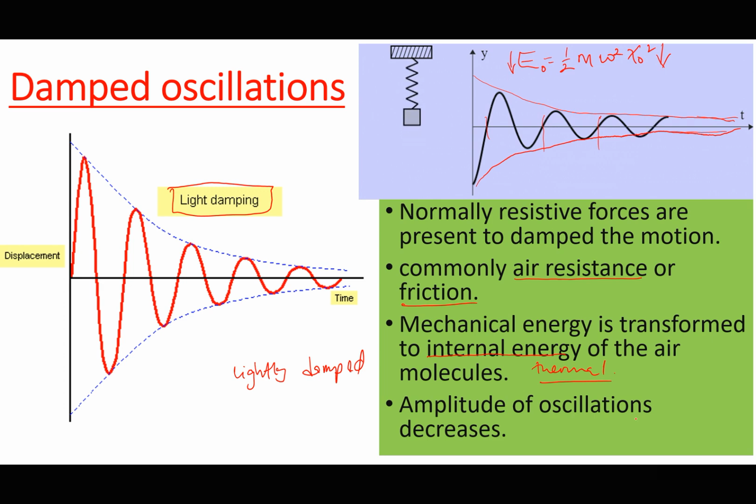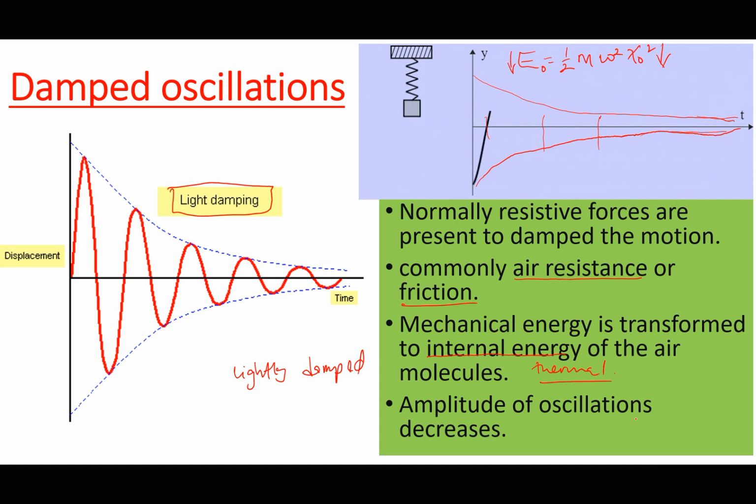That is exactly what happens if you displace a pendulum bob in air in the laboratory, if you are dealing with a simple pendulum. This is the same situation if you displace a mass attached to a spring, as demonstrated by this animation here. The amplitude gradually decreases due to dissipative forces, which use up the energy of the oscillating system, and that's what we call light damping.